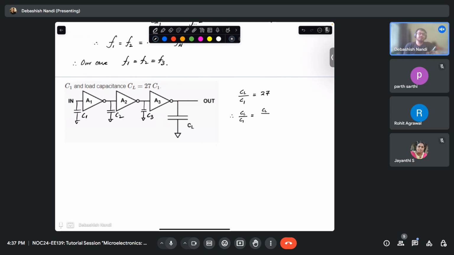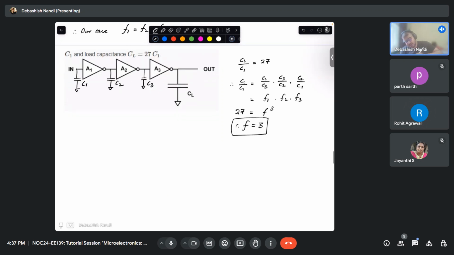So CL by C1 can be written as CL by C3, C3 by C2, C2 by C1, right? So this is nothing but your F1 times F2 times F3. So this is F cube, because all of these are the same. This is equal to 27. That means your F equals 3.